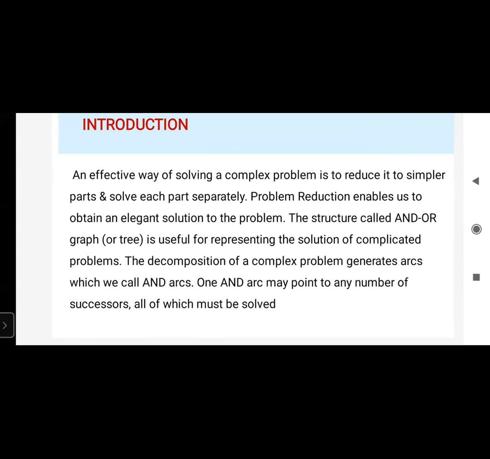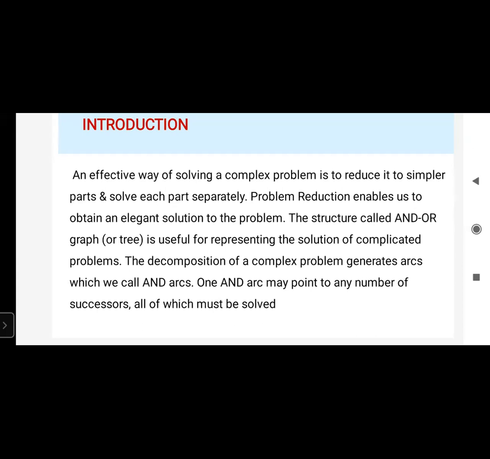So this particular reduction enables us to obtain an elegant solution to the problem. This particular structure is known as the AND/OR graph or AND/OR tree. This AND/OR graph is useful for representing the solution of complicated problems.